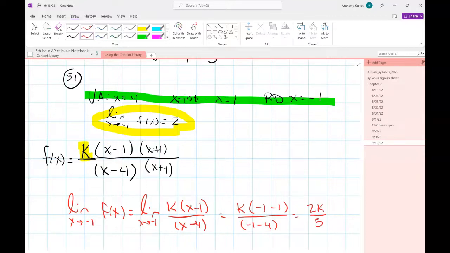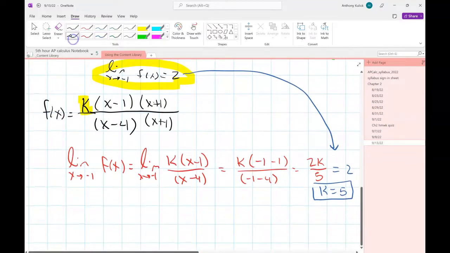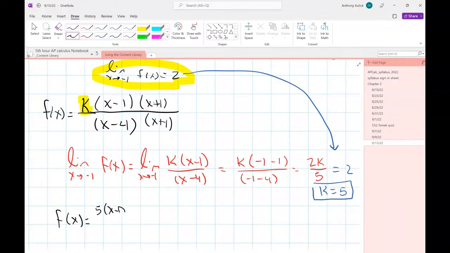So I know that 2k over 5 is the limit, and that has to equal 2. So k must have been 5. So this is my f of x then.